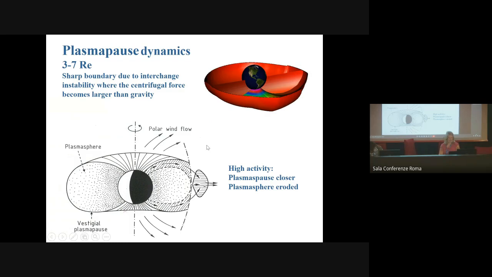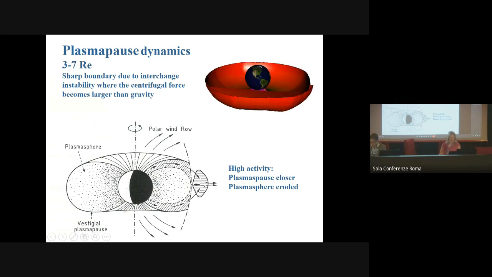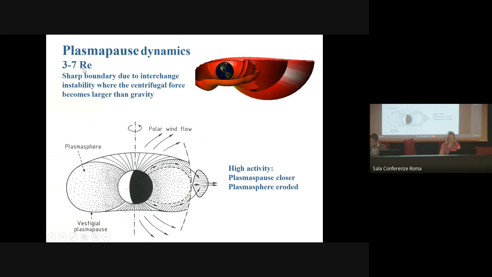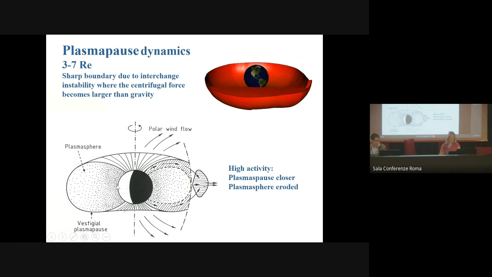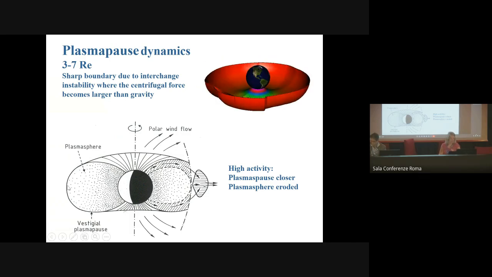So the plasmasphere is just this region of the inner magnetosphere. And what is very dynamic in the plasmasphere is the limit of the plasmasphere, which is called the plasmapause. This plasmapause is located typically between 3 and 7 Earth radii in the equatorial plane. And you can observe a very sharp gradient at this region.